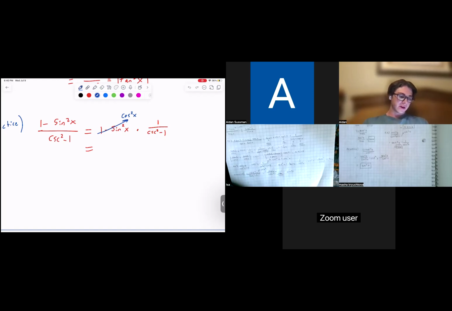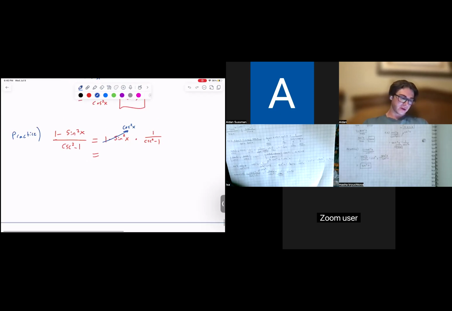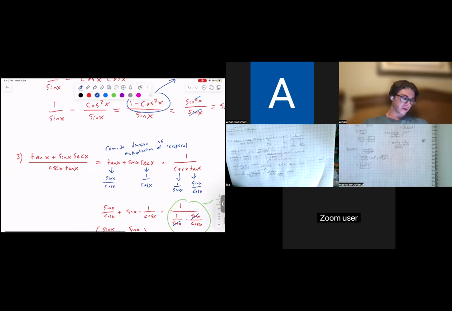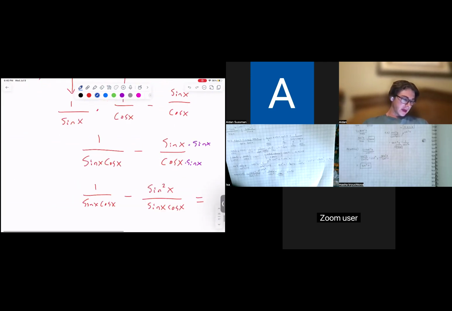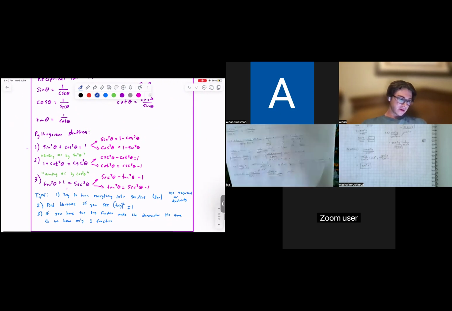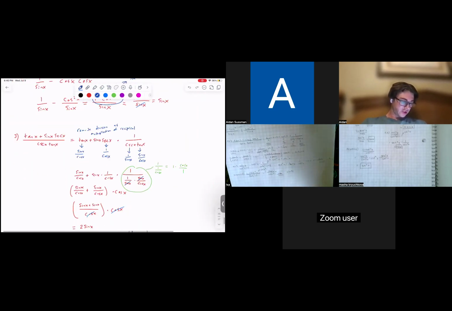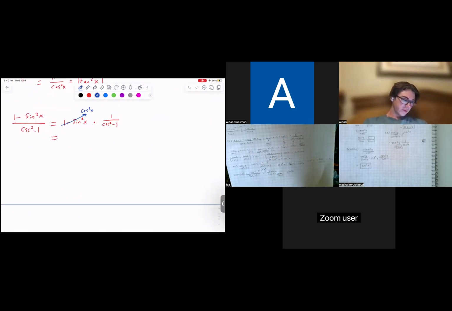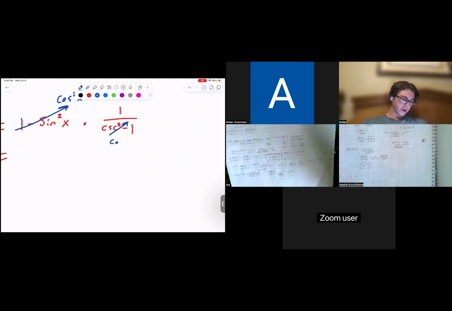This is just cosecant. So let's look at our little cheat sheet we made. Do you see one of these that maybe matches that? The cotangent one. Exactly. Cotangent squared. So just like you did with this one, we just have a different one to memorize, and this one is cotangent squared of x.